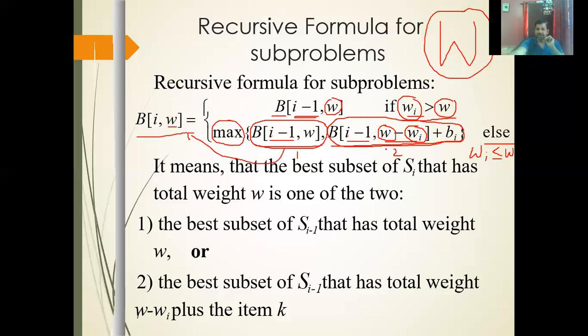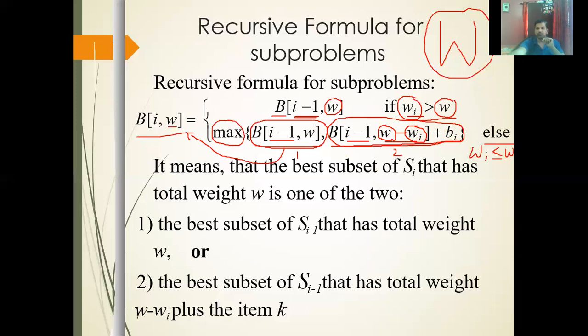Suppose if I insert the item, the index should be decremented by 1. Current item is I, previous item is I minus 1. To that, the weight should be subtracted by the current weight, Wi. After subtracting this, if I insert the current weight, its profit or benefit should be added to this, plus Bi.